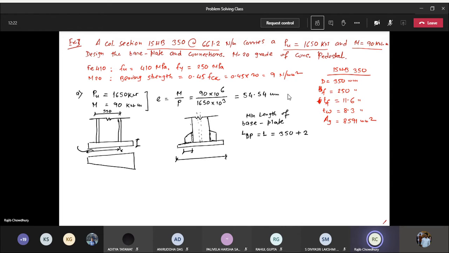This is your column flange. So I have assumed over here that a 100 mm projection would be there from the column flange. Okay, so if the 100 mm projection is there from the column flange, this becomes your 100. So now this is the bare minimum requirement.